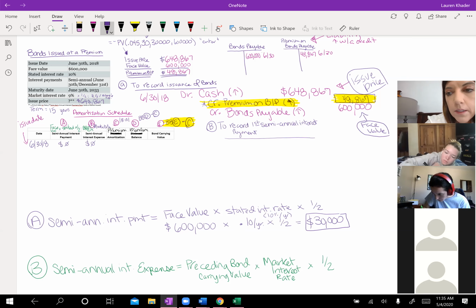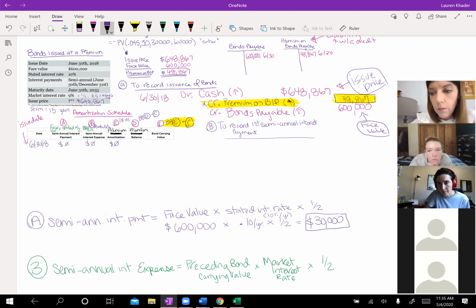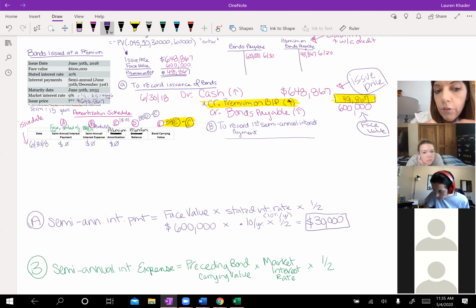The premium amortization is going to be the difference again between the semi-annual interest paid and the semi-annual interest expensed, and it's an absolute value. It's just a positive number. These two amounts are zeros, so we don't amortize the premium yet. The initial premium balance is the difference between the issue price and face value, which we calculated above, 48,867.